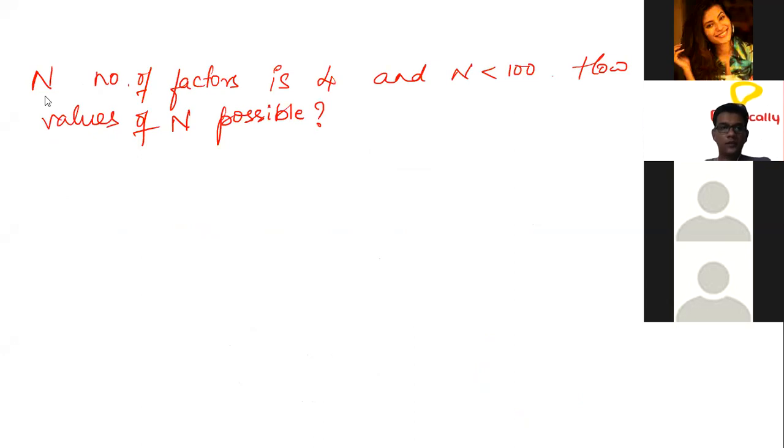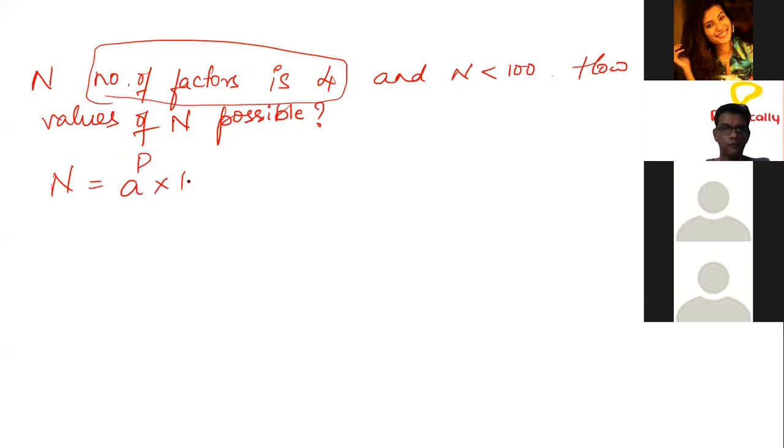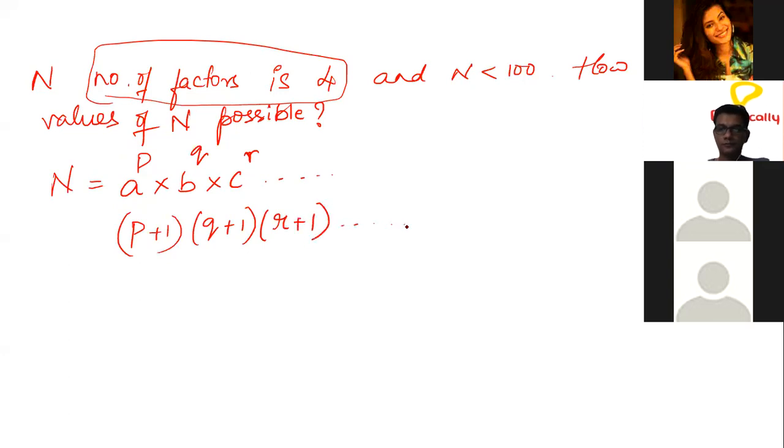Now n is a number where I'm saying that n has the number of factors is 4. Great. So first I have to figure out how can I bring 4 factors in this format? Where number of factors is p plus 1 into q plus 1 into r plus 1 and so on.